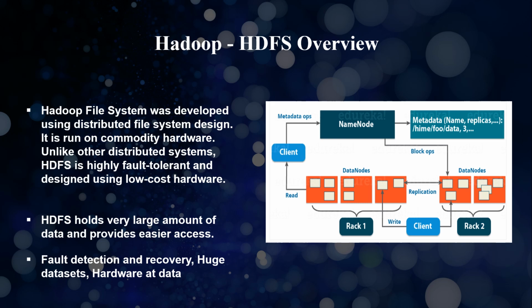HDFS provides fault tolerance and high availability to the storage layer and the other devices present in the Hadoop cluster. Data storage nodes in HDFS are the name node, also called the master node, and the data node, also called the slave node.